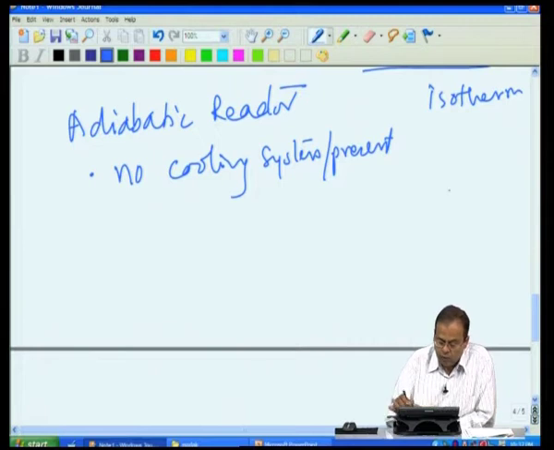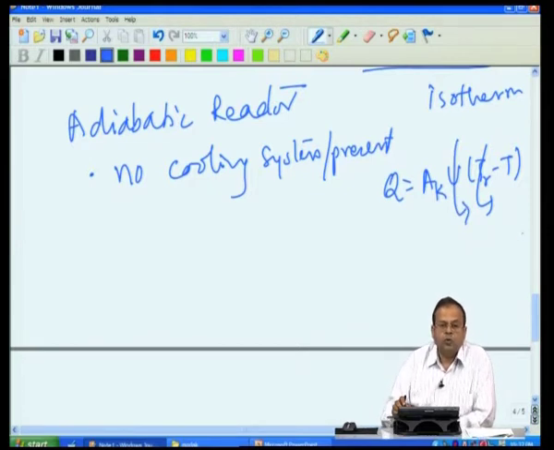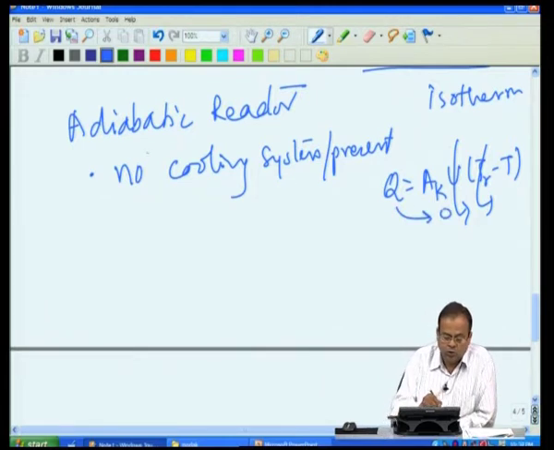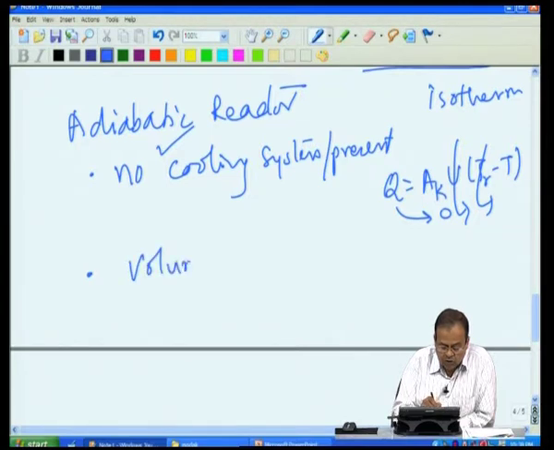Okay. Now, Q is AKU into TR minus T. So, if there is no TR or the heat transfer coefficient of the material is very poor, Q is likely to be 0. So, that is one such scenario. Now, another scenario is what happens when volume is large.